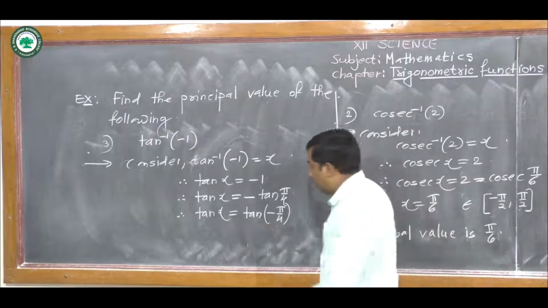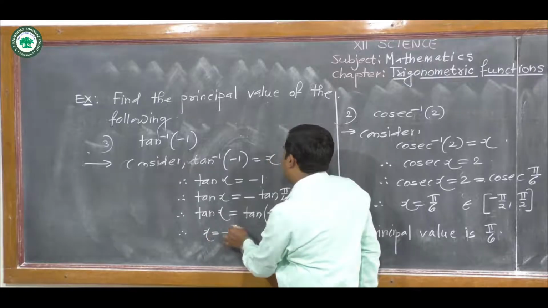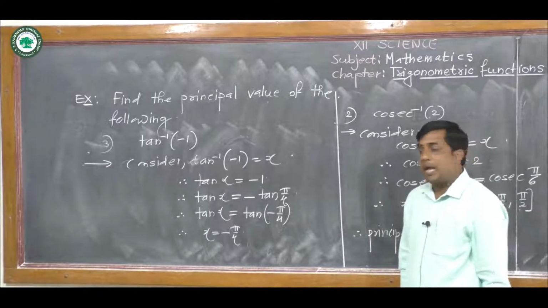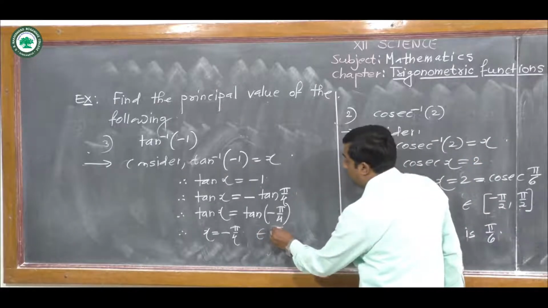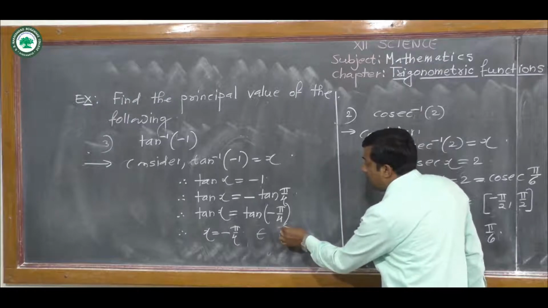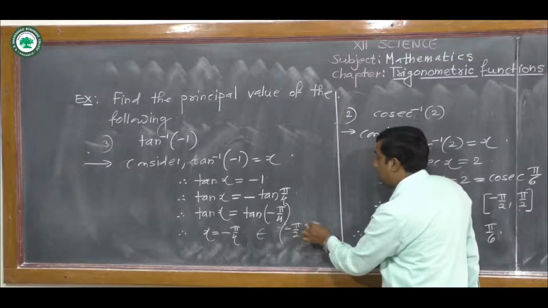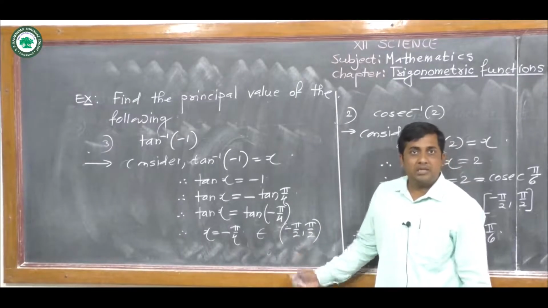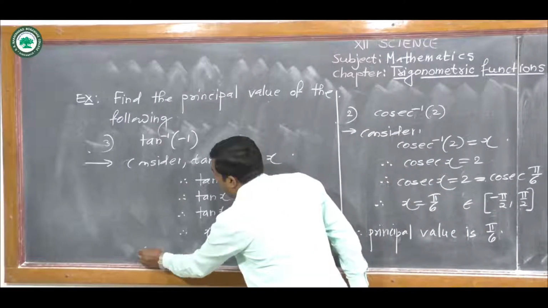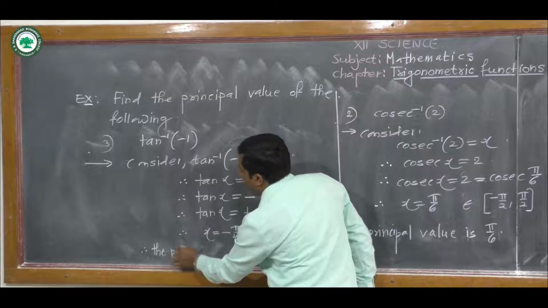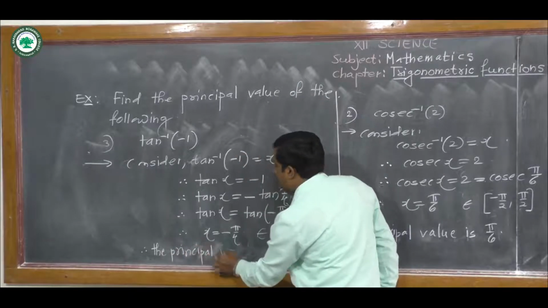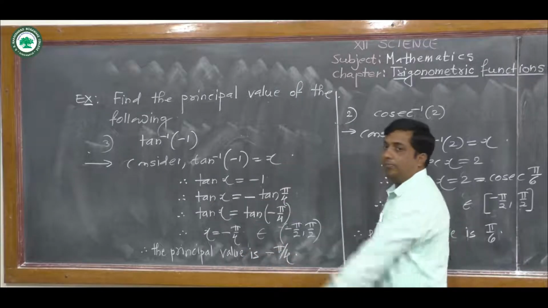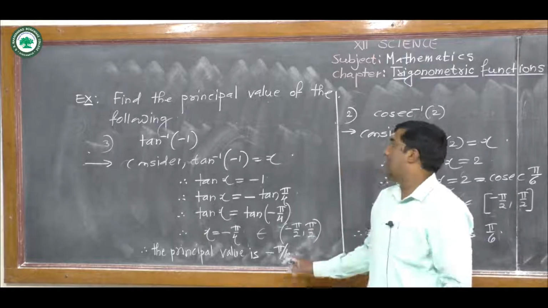Now comparing these two, we get x is equal to minus pi by 4. Everyone knows this belongs to the open interval minus pi by 2 to pi by 2. This minus pi by 4 lies in this interval, therefore the principal value is minus pi by 4.